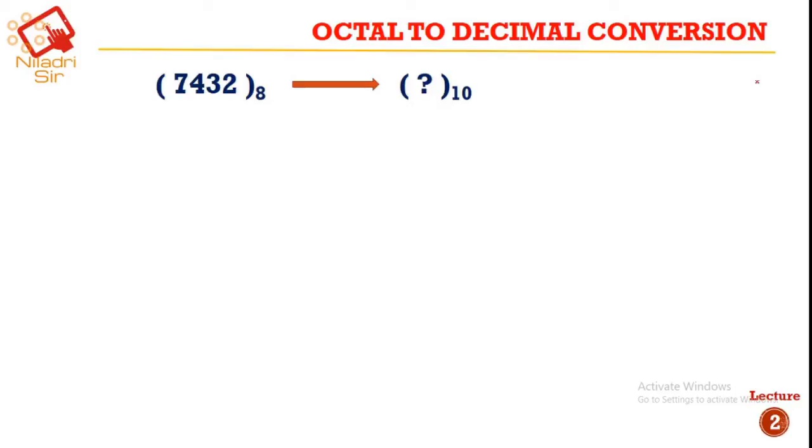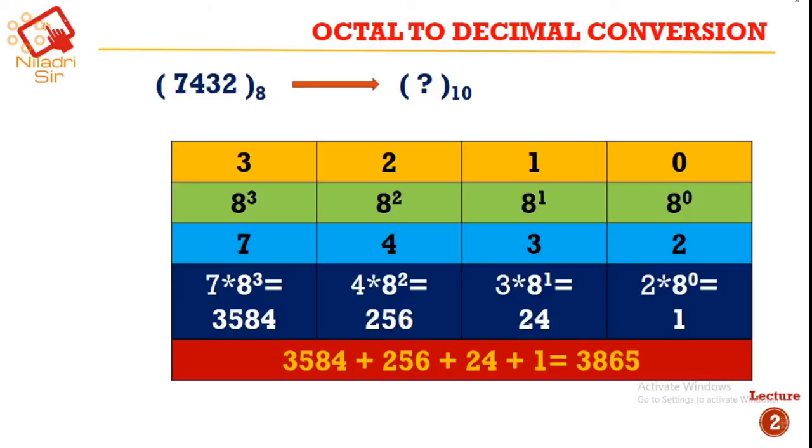Then we find the powers of 2: 2 to the power 0, 2 to the power 1, 2 to the power 2, 2 to the power 3. But here we will use powers of 8, as it is octal: 8 to the power 0, 8 to the power 1, 8 to the power 2, 8 to the power 3. So this is the number 7432.